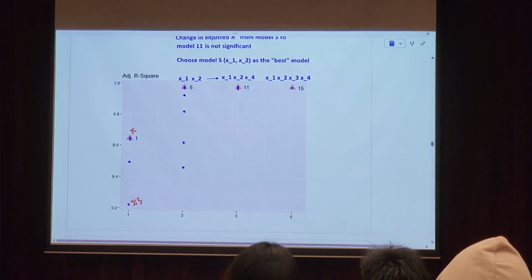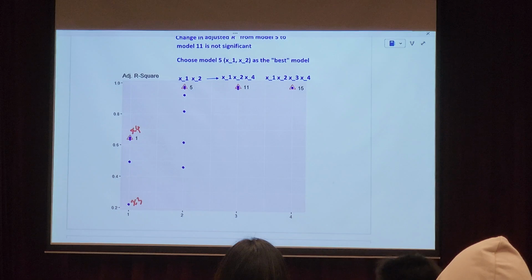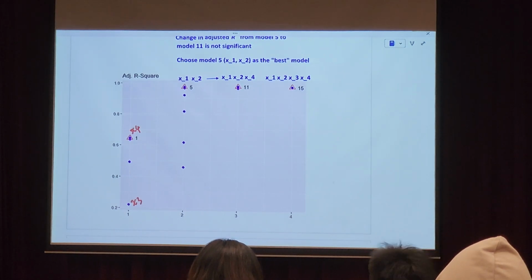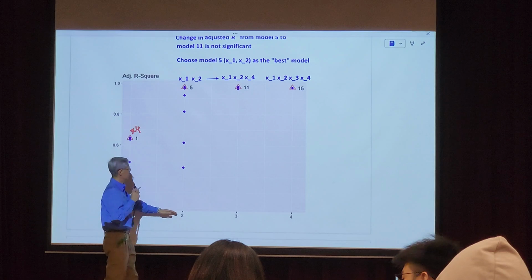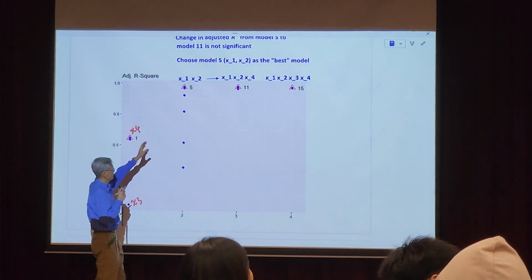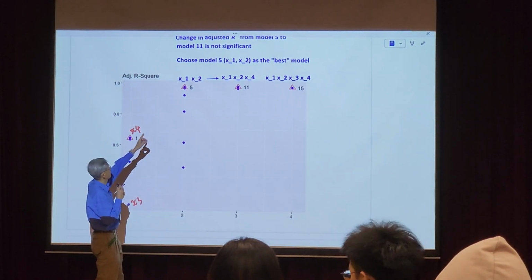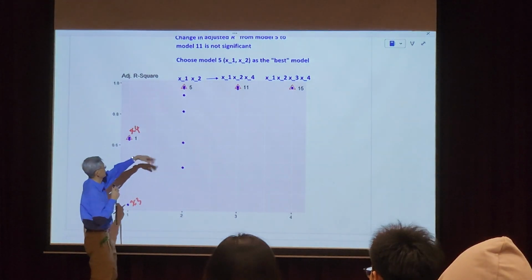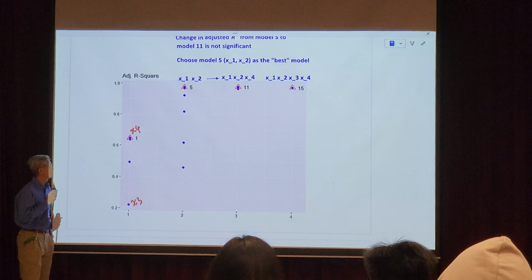The best one is X4. Then you can also consider two regressors and plot all the 4 choose 2, which is 6 of them: 1, 2, 3, 4, 5, 6, 6 dots there.